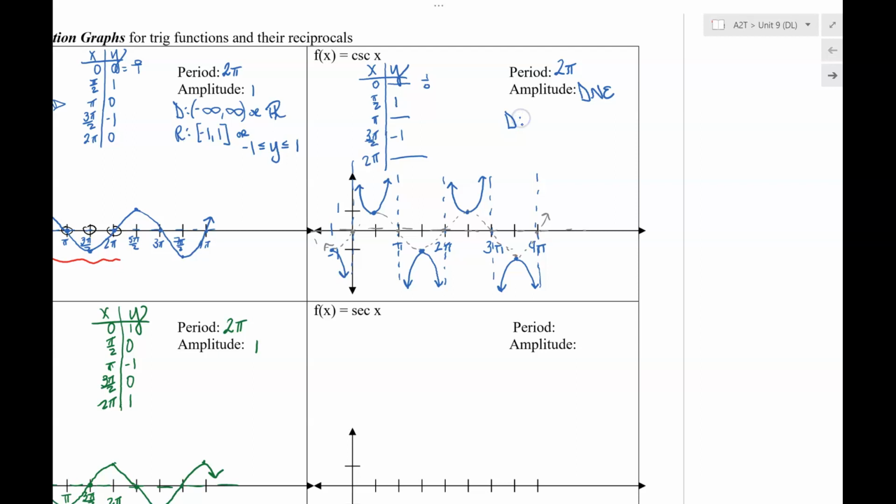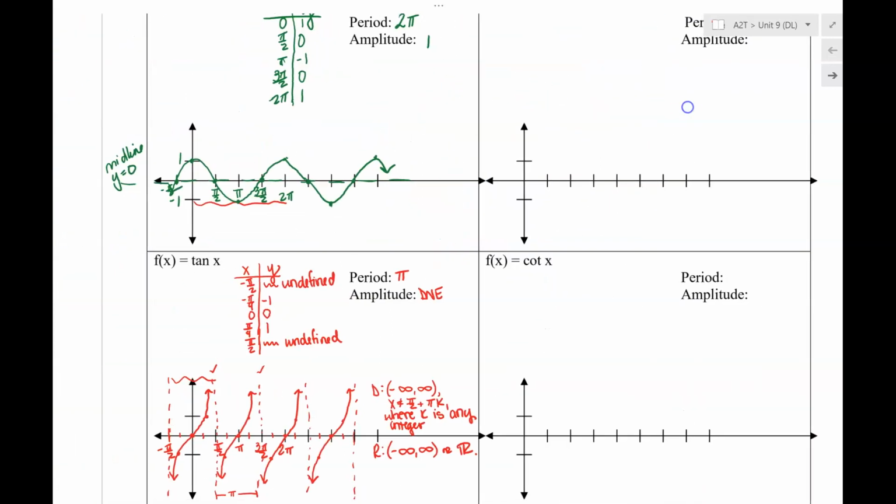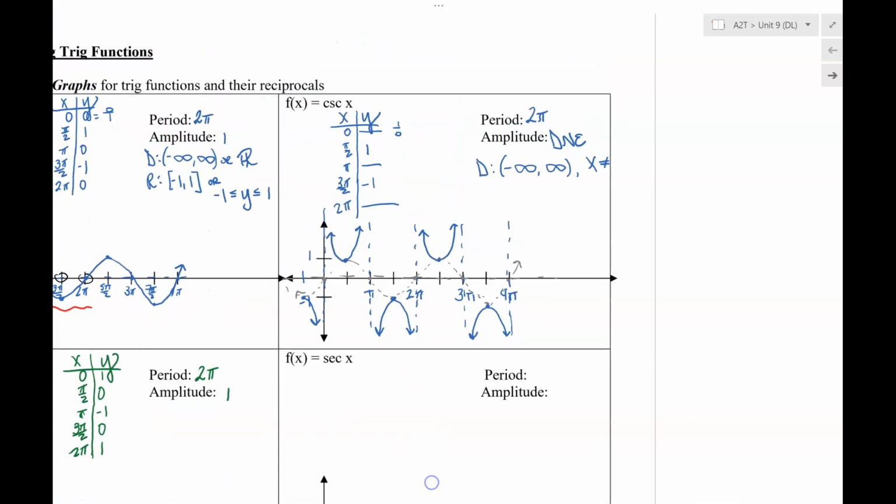Okay, for the domain, similar to tangent, because we do have asymptotes, we're going to say that it's negative infinity to positive infinity, except x cannot equal. Now, for tangent, it was the first asymptote, right? Or just an asymptote. I chose pi over 2 plus the period, because it occurred every period. For cosecant, notice, the period goes from 0 to 2 pi.